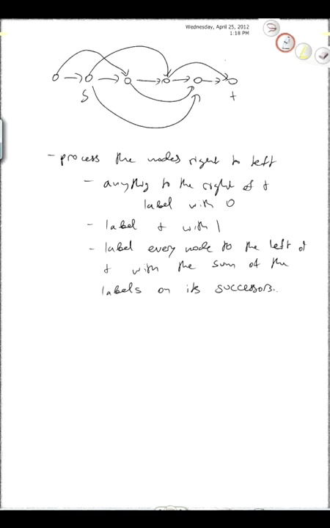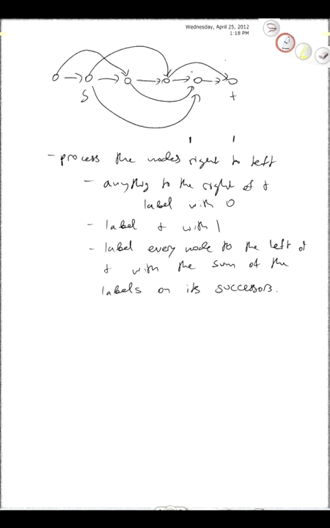So let's see how this would work. So T gets labeled with a 1. This node has only one successor, and it would get labeled with the sum of the labels on its successor, so that's a 1. And again, that's because we're trying to count the number of paths to T. So the path could start at this edge, but then it would have to get to t from here, and there's only one way of doing that. So what about this node?